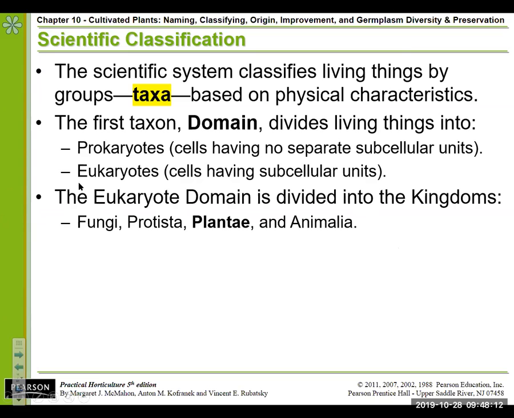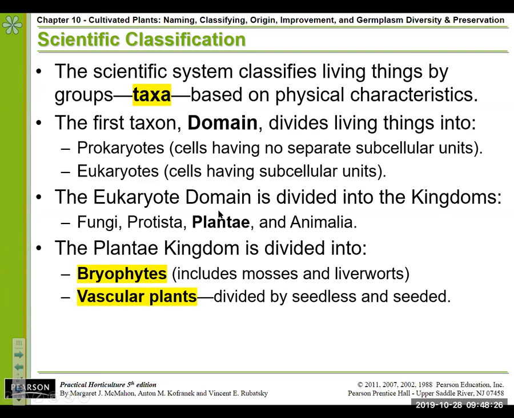And generally we look at dividing that eukaryote domain into the kingdoms of fungi, protists, plants, and animals. And of course, we're dealing mostly with the plant kingdom. I think for the identification of plants, it's very important to know how that kingdom is then further divided up.